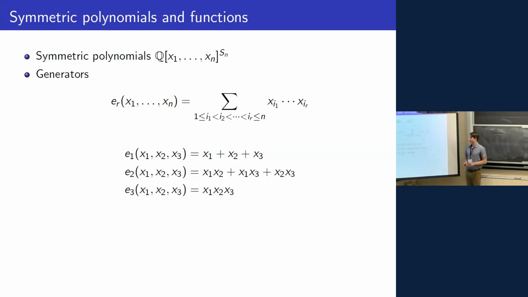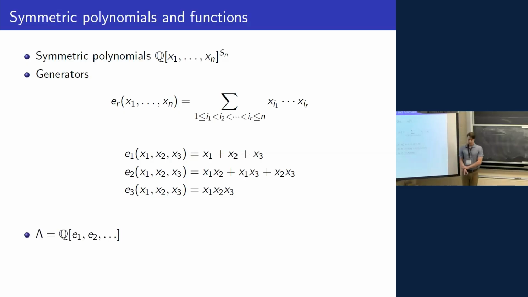And it turns out that if you take the ring of such things, then you can write them in terms of generators, these elementary symmetric polynomials. Instead of walking you through the definition, here are some examples of them. If you've never seen them before, I think you can get the idea. You just sum up all the square-free monomials, and then this has to be symmetric because you did it in all possible ways.